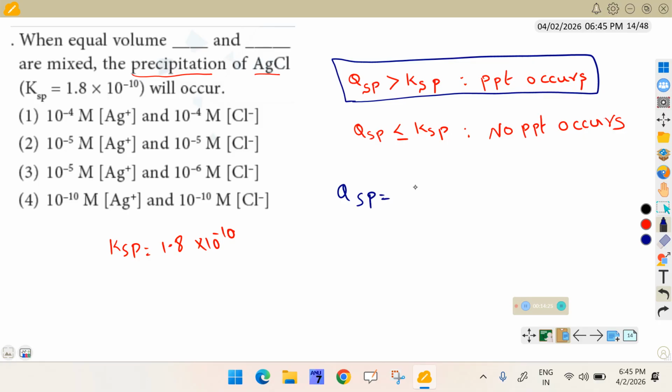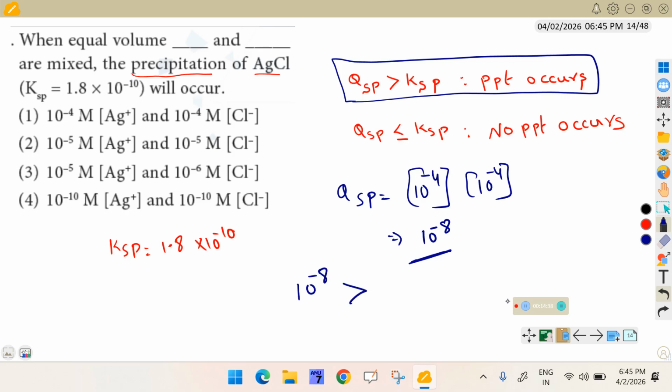Take the first option. 10 power minus 4 into 10 power minus 4 is 10 power minus 8. The value of 10 power minus 8 is greater than 1.8 into 10 power minus 10. So no doubt, first option is the correct option. PPT occurs.